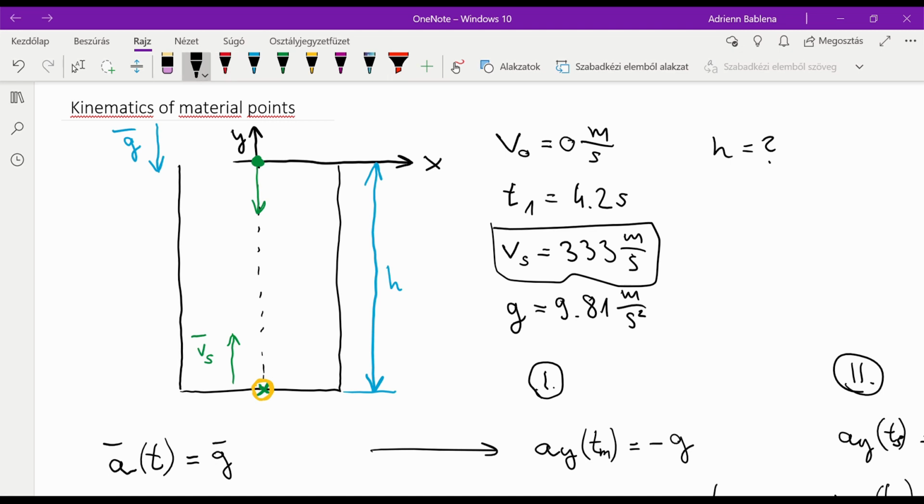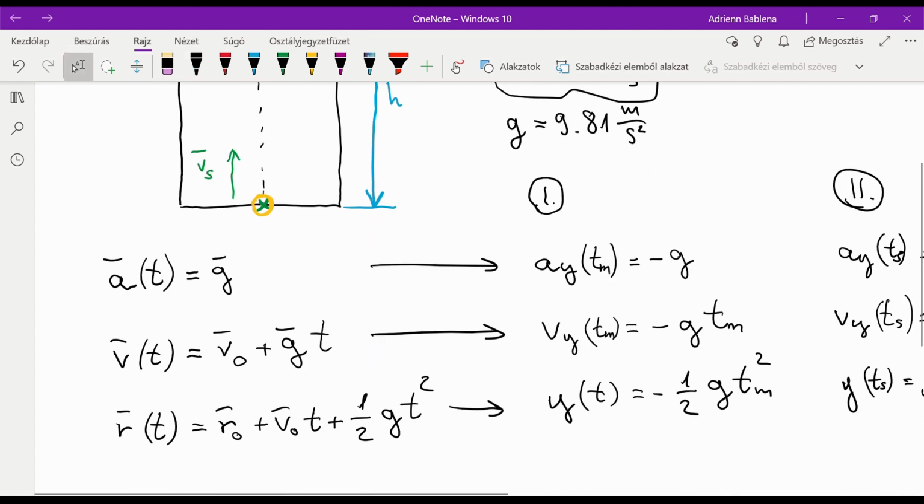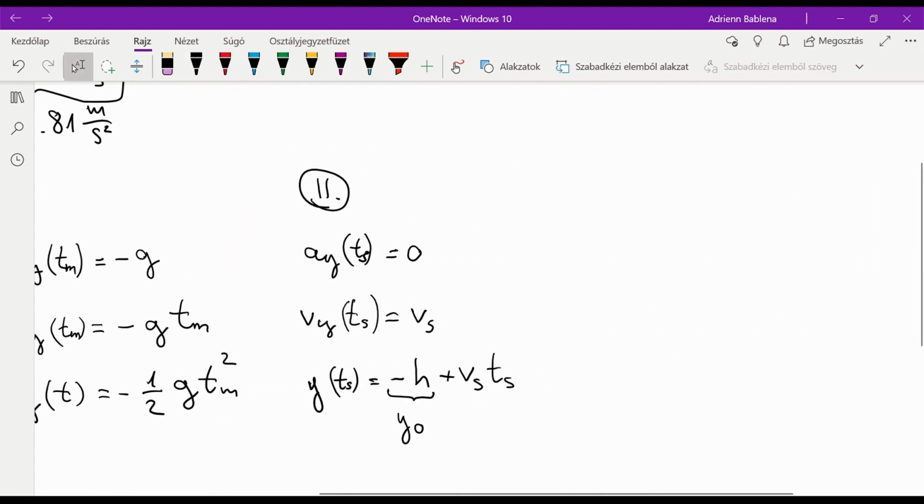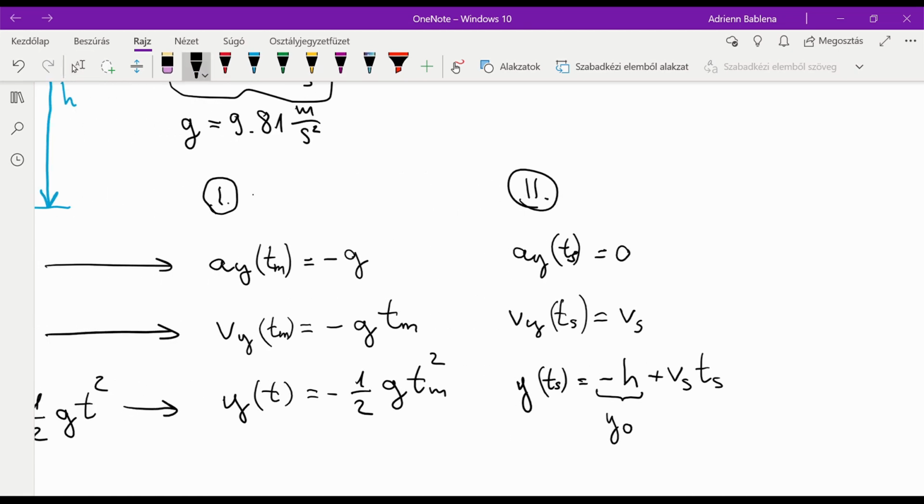Gravity and other acceleration doesn't really matter. That's why we have, in the second part, the first part is for the material point, the second part is for the sound.